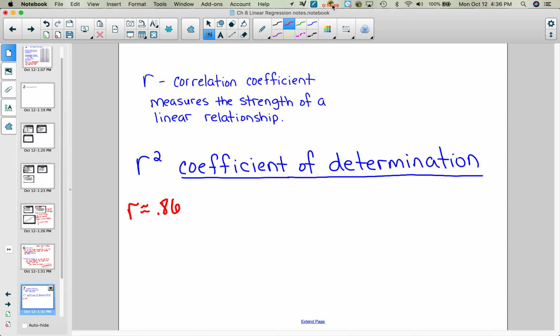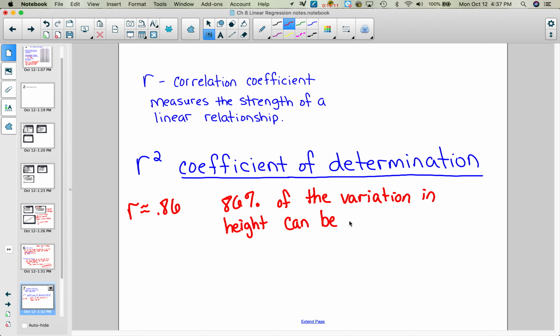This is what it says: 86% of the variation in height can be explained by the changes in foot length.